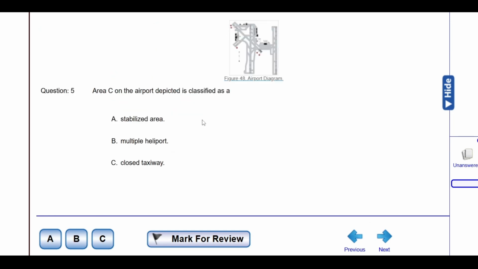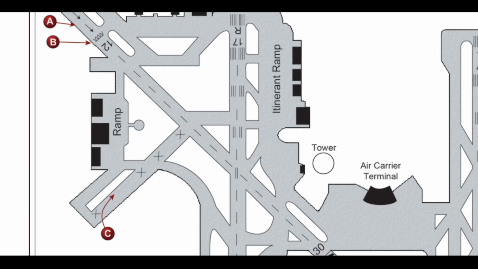Chart C in this airspace is classified as what? Let's go to C. This looks like a small runway with X's. Whenever you see an X on a runway or on a taxiway or any road, you are not authorized to enter that specified area with your plane.